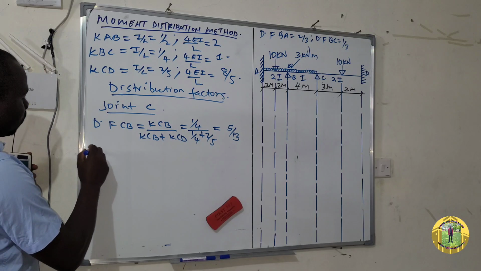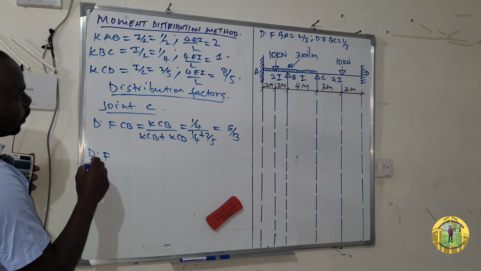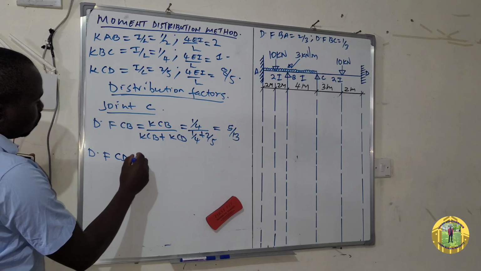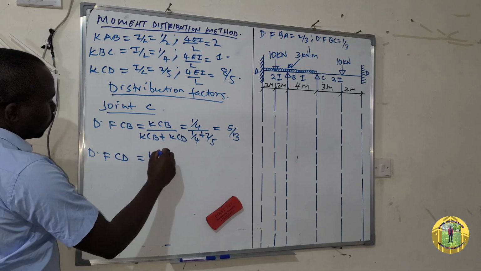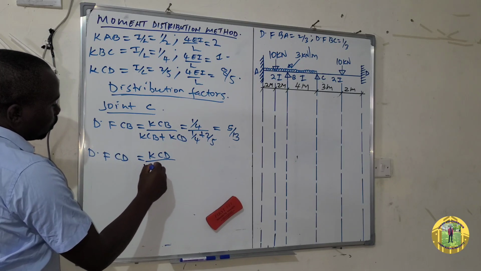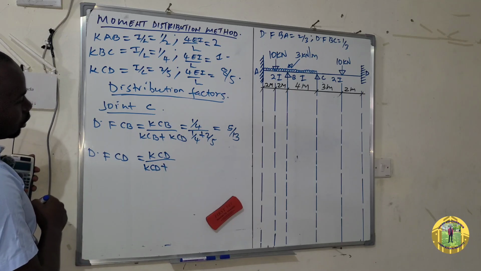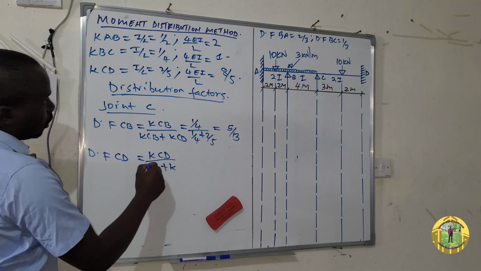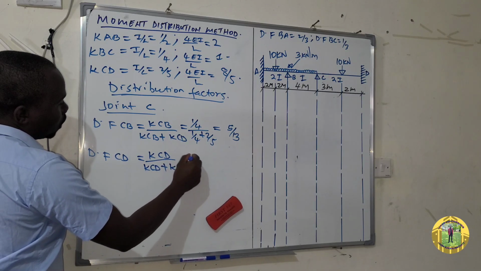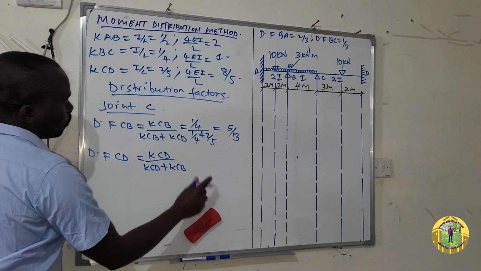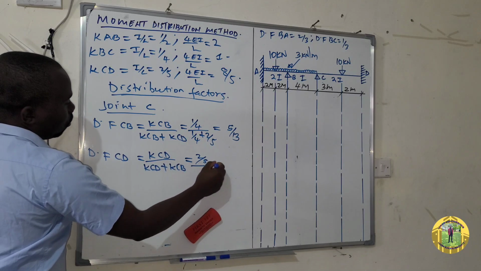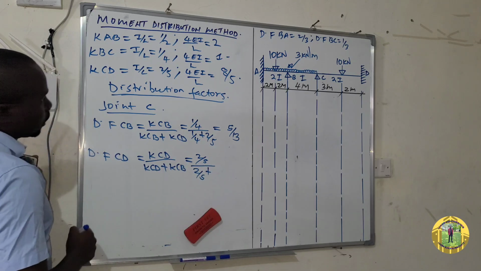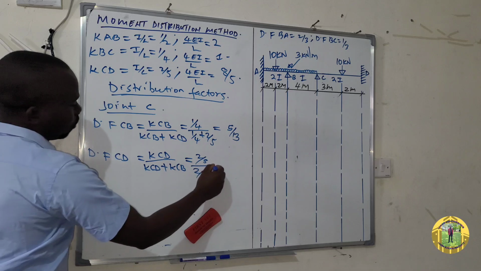And then we proceed to DFCD. So this one is equal to KCD all over KCD plus KCB. If we use I over L, 2 over 5 over 2 over 5 plus 1 over 4.